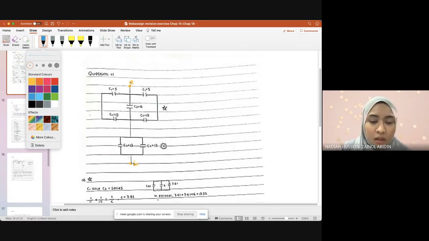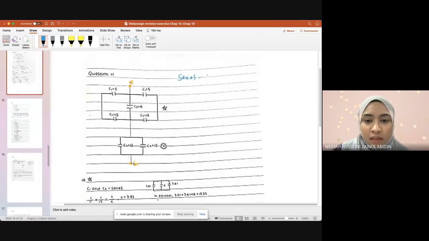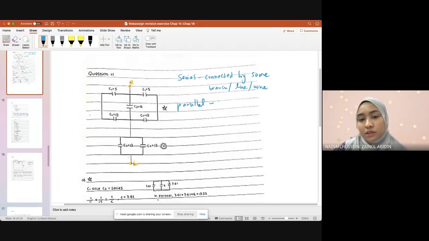So here, remember the trick for series or parallel? For series, the capacitors are connected by the same wire, the same branch line. If it is parallel, it needs to be connected by the same two dots.